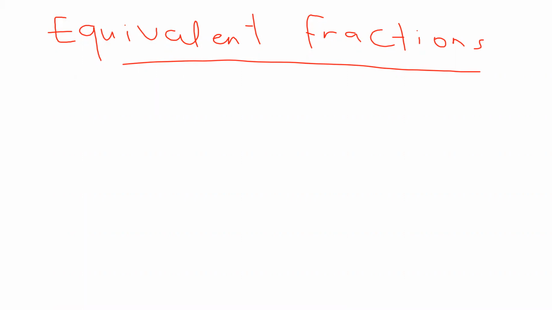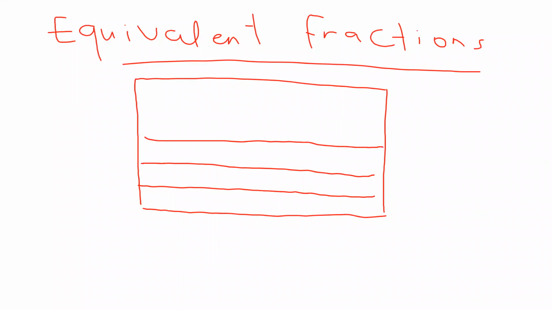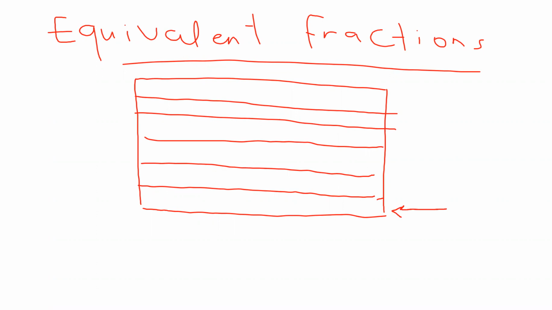This means that, let me show you something. If I have this big rectangle and I divide it into 1, 2, 3, 4, 5. Okay? I will leave the first step here as it is.